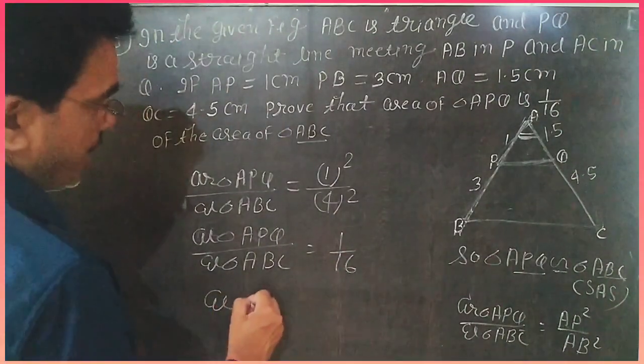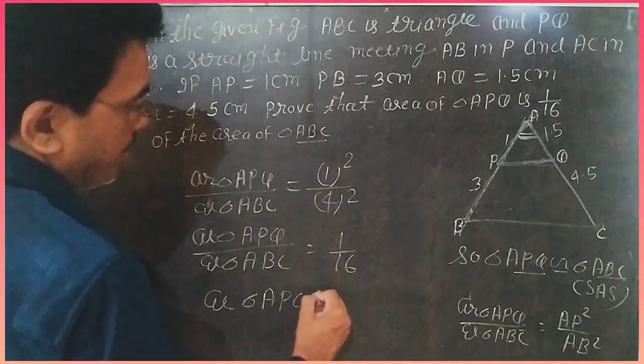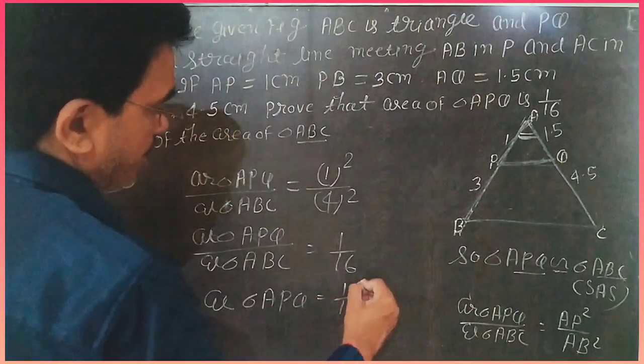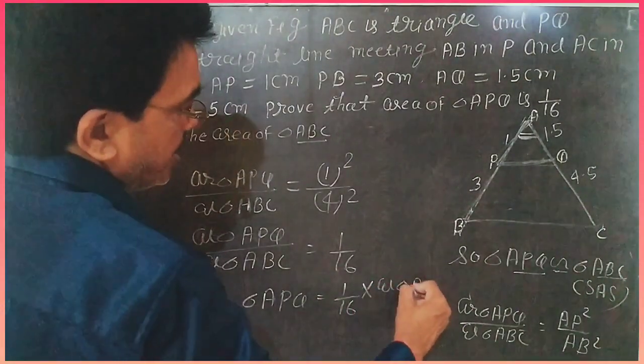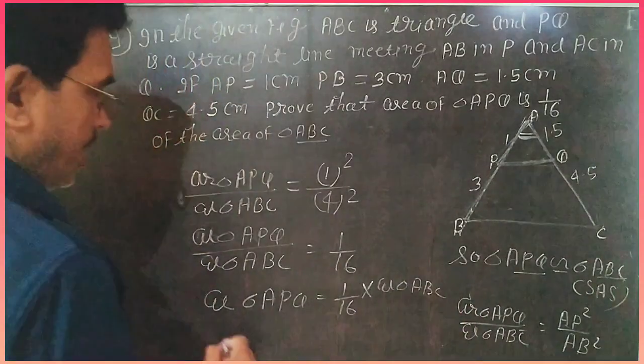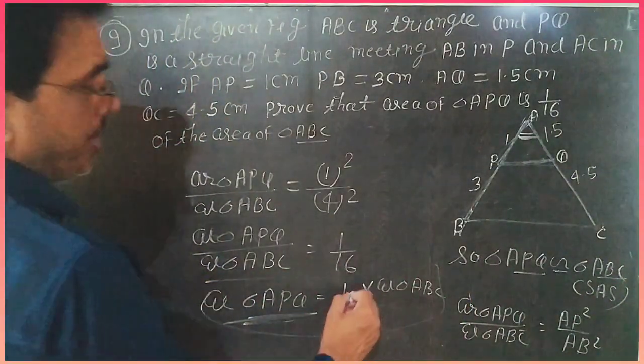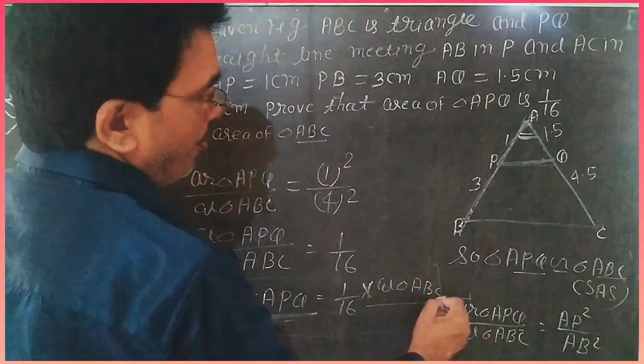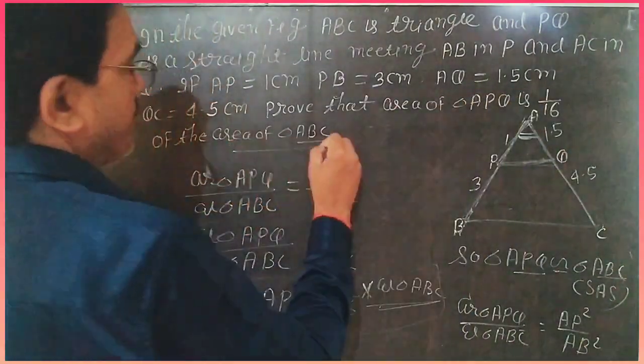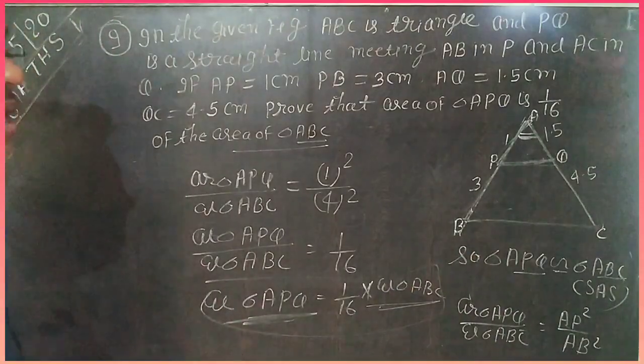So area of triangle APQ is equal to 1 by 16 of area of triangle ABC. It is your solution. So you can solve with the help of similarity.